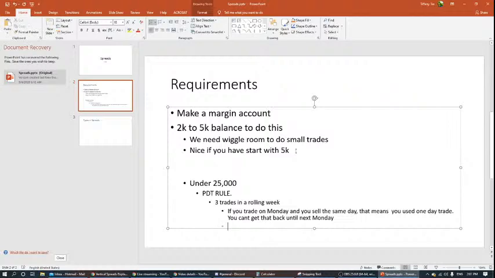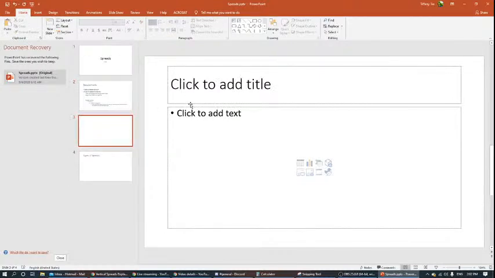Yeah, they have to make it fair for everyone. So if you get banned, you get banned. You cannot trade, and it's for up to 90 days. So if you violate that, I'll make a new slide.